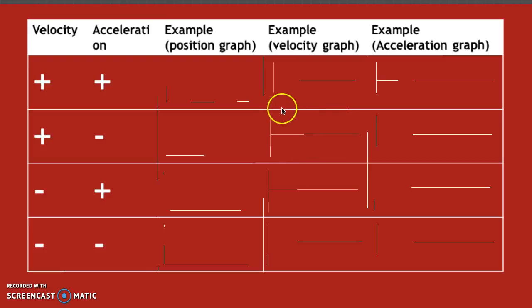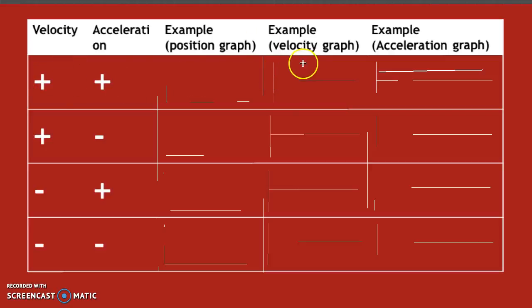We're going to go a little bit deeper here, looking at how these graphs change depending on what our velocity is. Okay, and so if we have positive acceleration on an acceleration graph, just say we have some constant positive acceleration, on a velocity graph, that's going to look like an increasing velocity.